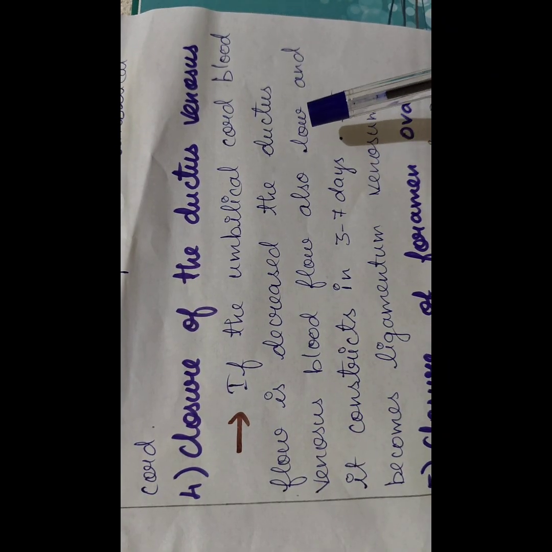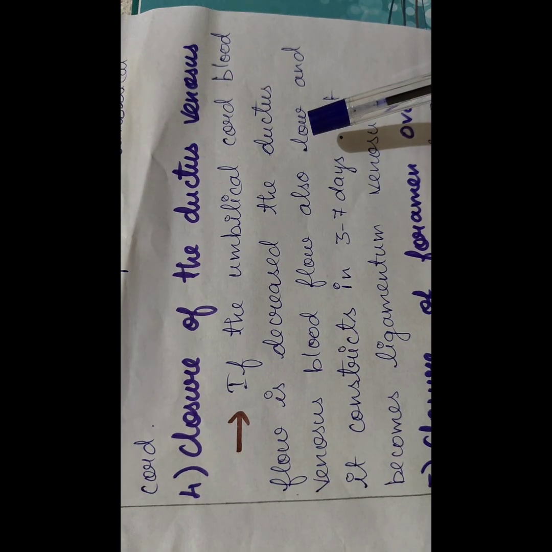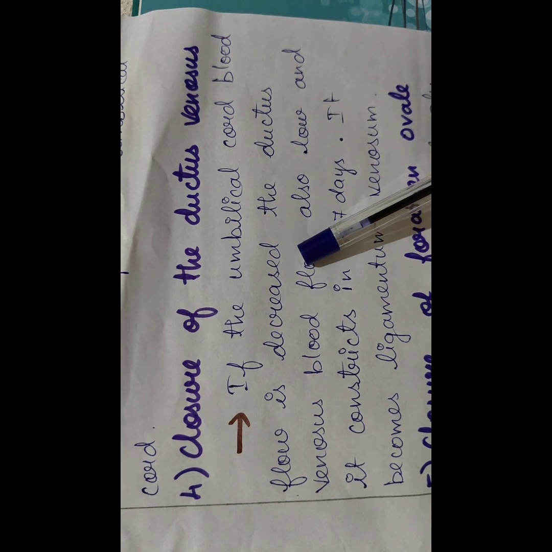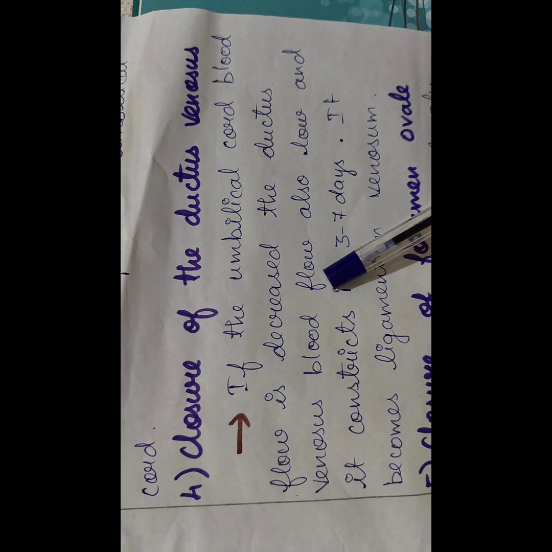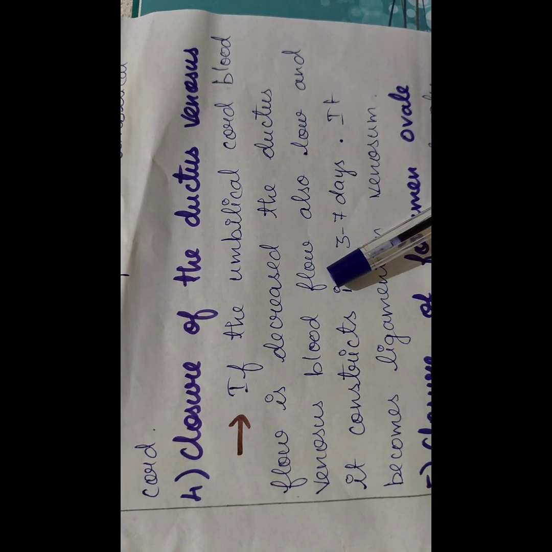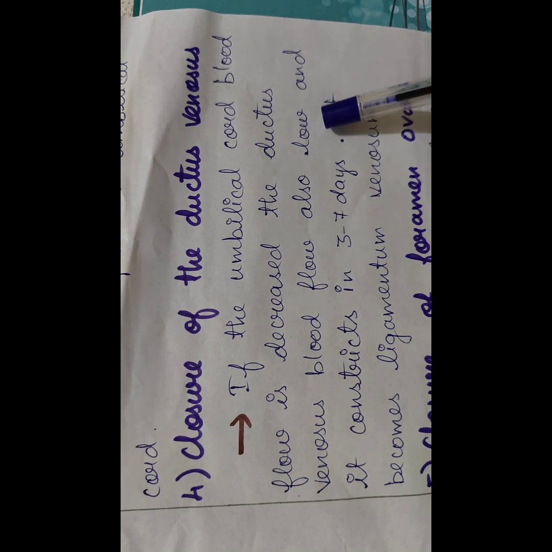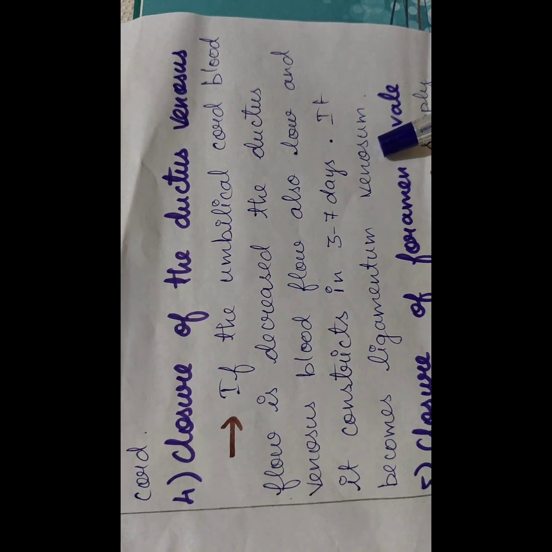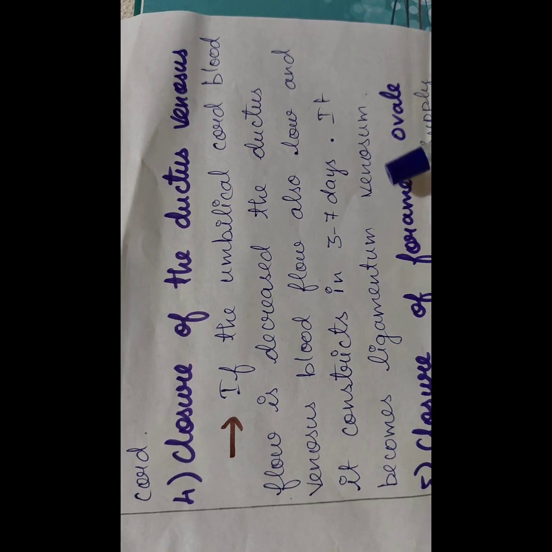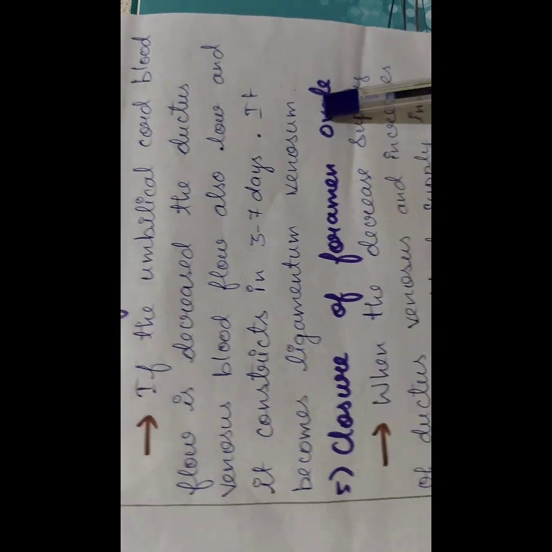When the umbilical vein supply gets low because of clamping the umbilical cord, the blood supply to the ductus venosus also decreases, and constriction starts in 3 to 7 days. The ductus venosus becomes the ligamentum venosum.